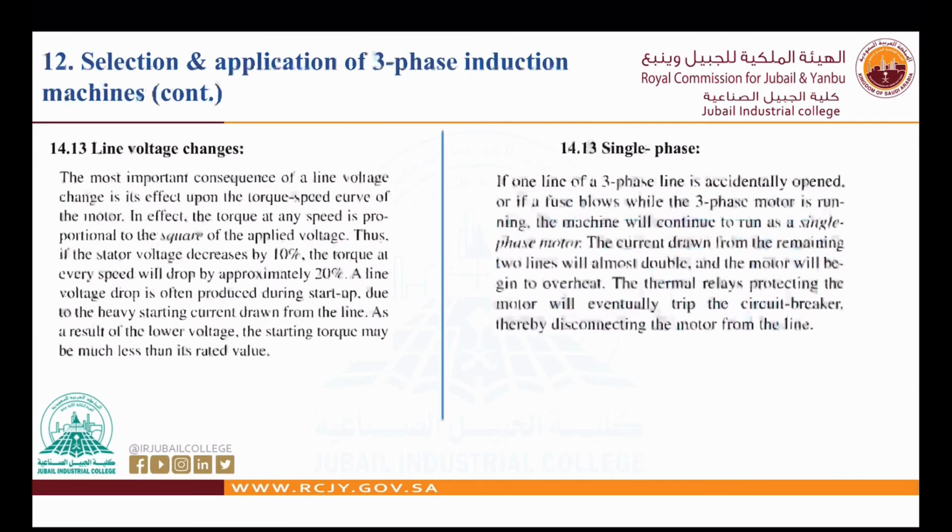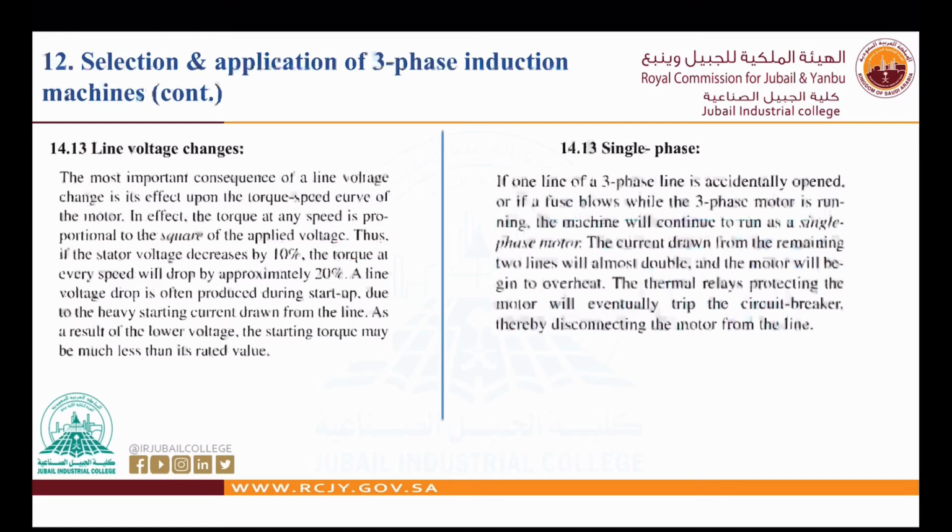Now, according to line voltage changes. The most important consequence of a line voltage change is its effect upon the torque speed curve of the motor. In effect, the torque at any speed is proportional to the square of the applied voltage.